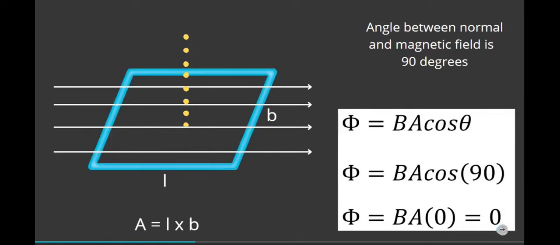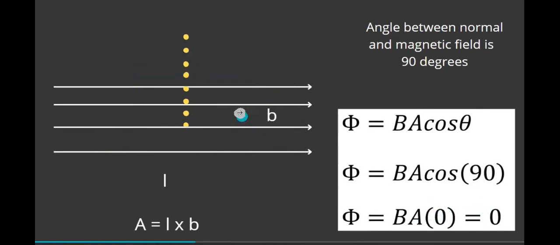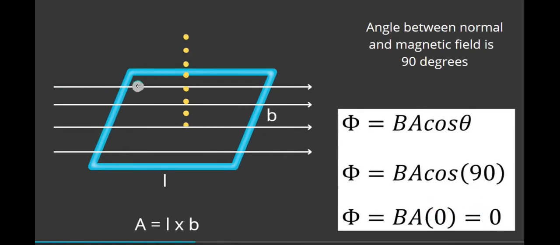So what is this essentially telling you? It is that there is no magnetic flux if the magnetic field is parallel to the loop, or to the area in which your loop is found. If this is not clear, believe me, when we do calculations, it will become clear.